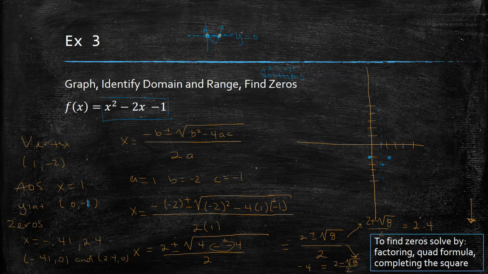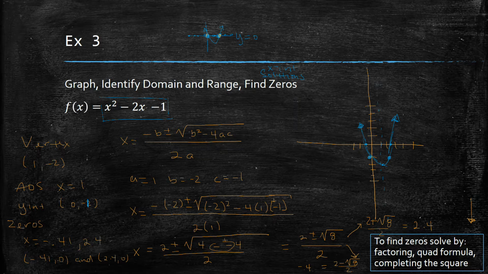If we go over here and graph them, negative 0.4 is going to be close to the half mark over here on the left, and 2.4 is going to be right around 2.5. So now you have a few more dots that allow you to graph a better, more accurate graph.